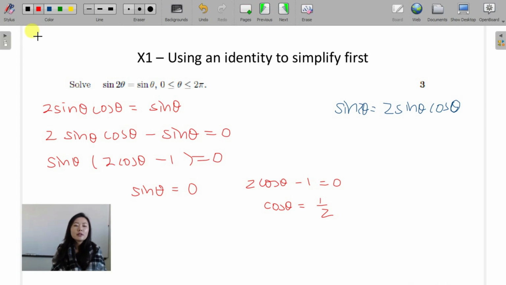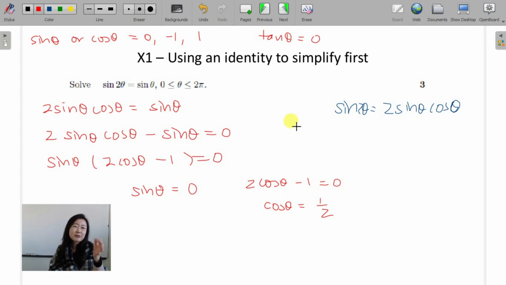Generally, if you solve sine theta or cos theta to 0, minus 1, or 1, that triggers boundary answers. For tan theta, if you solve it to 0, that also triggers boundary answers. Those are really specific instances. Your calculator is only going to give you one of the many quite often, so be familiar with the graphs. For sine theta, the graph looks like that.